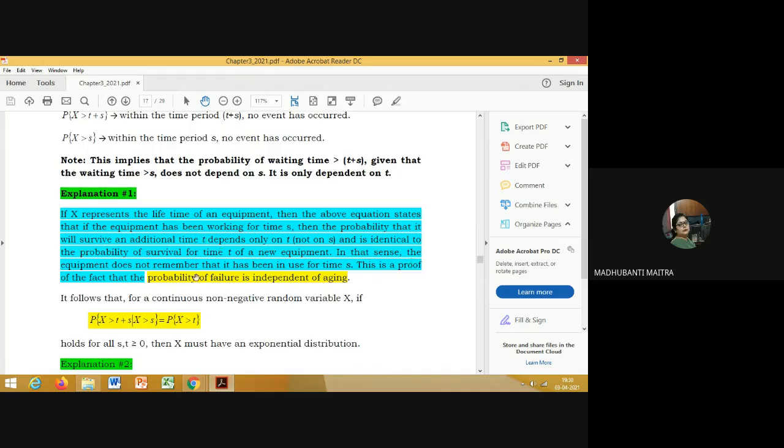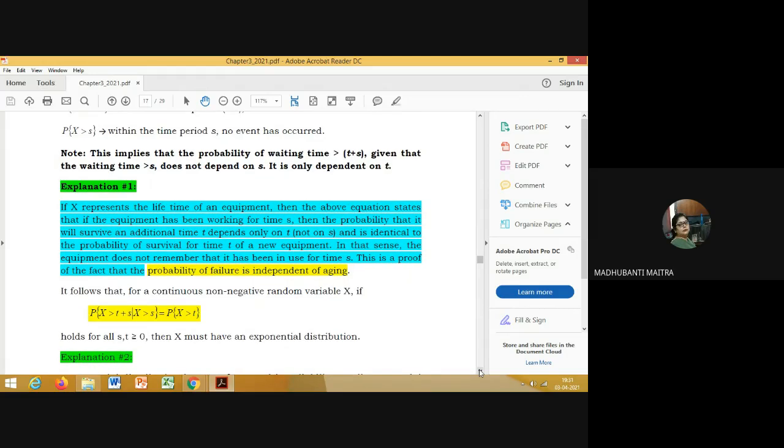So, in that sense, the equipment does not remember that it has been in use for time s. So this is basically the memoryless property of the exponential distribution, right?